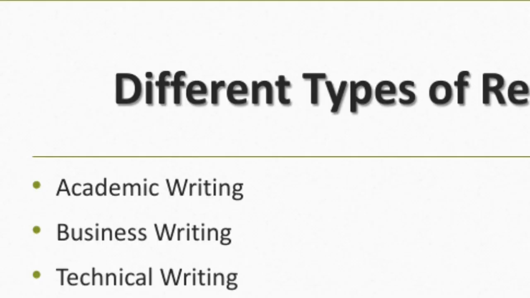So the first thing to note is that academic writing is extremely formal. Typically, it should be free of contractions and any sort of slang. It is important generally to write in third person, eliminating pronouns like I and we, whereas business writing is also taken as formal tone.